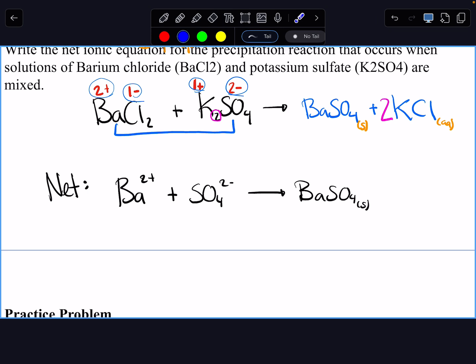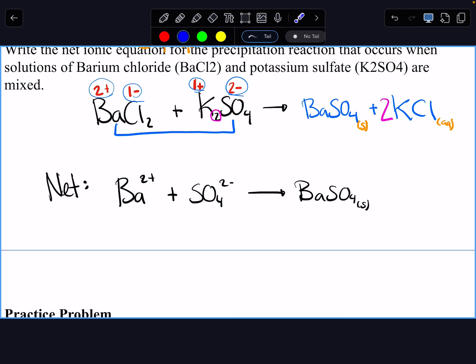So you would have this as your product, and then the reactants, the left side of it, should show what is making this. So we wouldn't really show charges anymore there, but you would show them on that side of the arrow to say this piece and this piece are making this one. Does that kind of make sense?